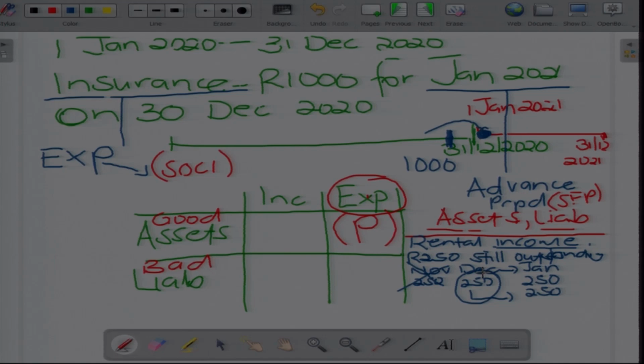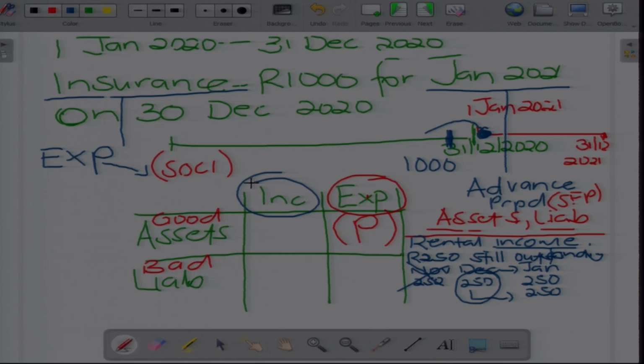So when an income is in arrears, so this is an income, and now the income is in arrears, it's called accrued, right? Seeing that I am the landlord and you are renting from me, it means that you must pay me double in January because you did not pay me in December.